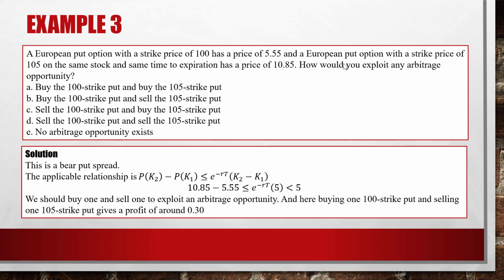number, right? But if we do the opposite, if we buy the 100 strike put and sell the 105 strike put, we would receive 5.30, and we have to pay off 5, so we still have a profit of 0.30. In short, this is a bear spread because we have two options of the same kind, put and put, and the relationship here comes from put-call parity.